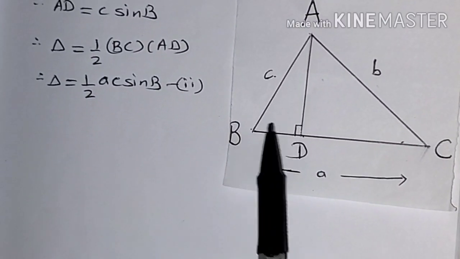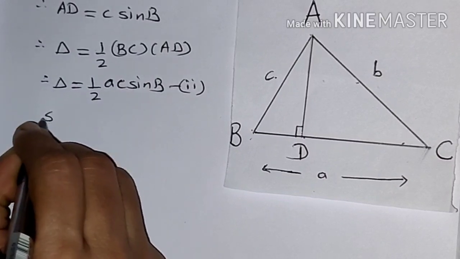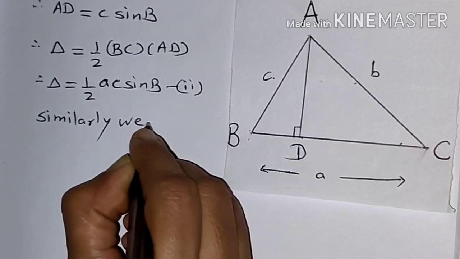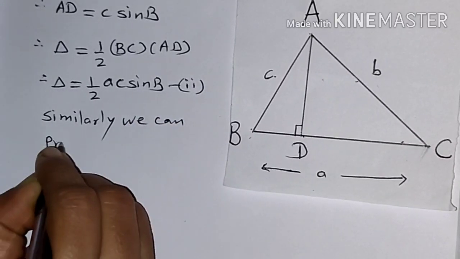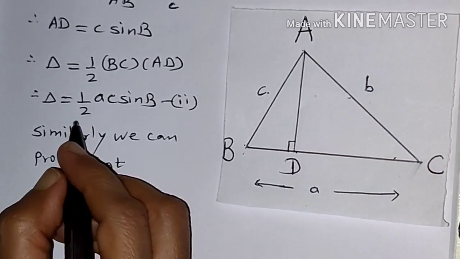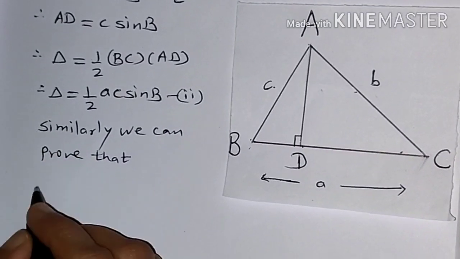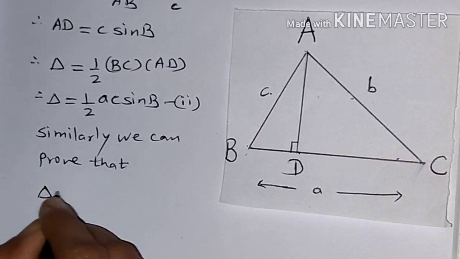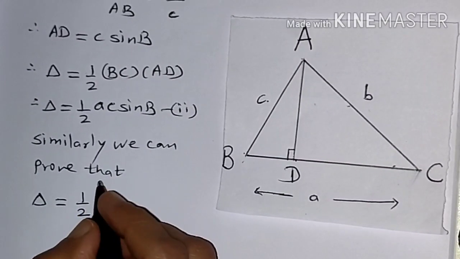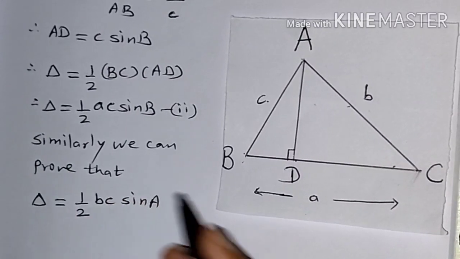Similarly, by dropping perpendicular from B on AC, we can prove that delta is equal to half bc sine A. Let this be equation 3.